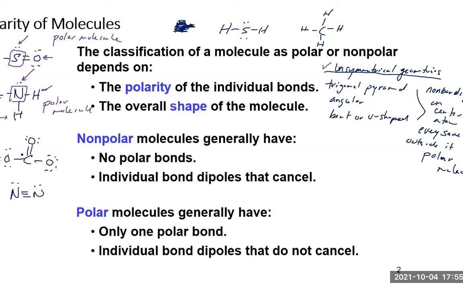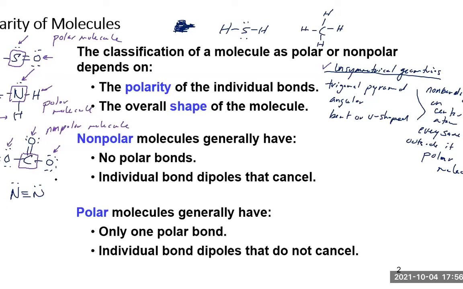I look at the central atom of this one. I do not see dots, and I see that everybody on the outside is the same element. That means that this is going to be a symmetrical geometry. And based on geometry here, this would be a non-polar molecule. Any questions on those three there?